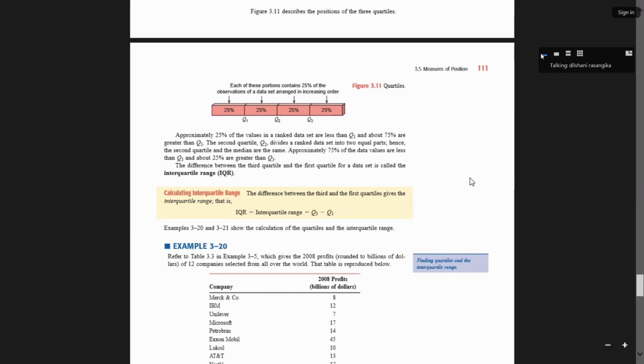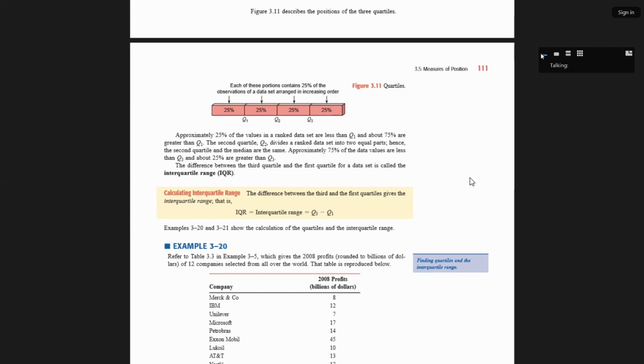Then you get 20 divided by 4 equals 5, right? So that means the fifth one is the Q1 of your data set, right?